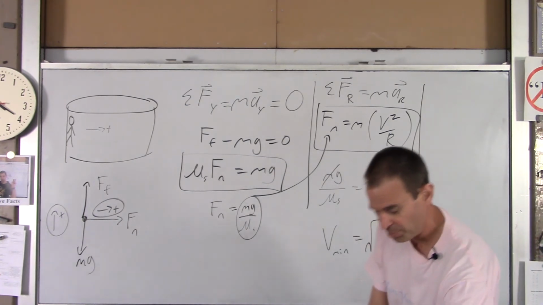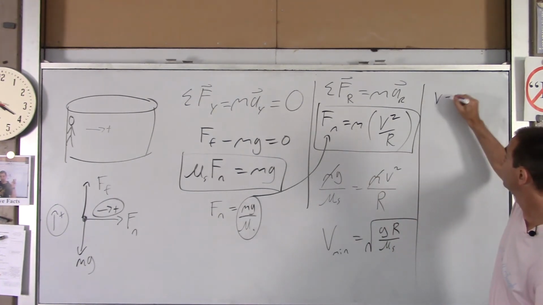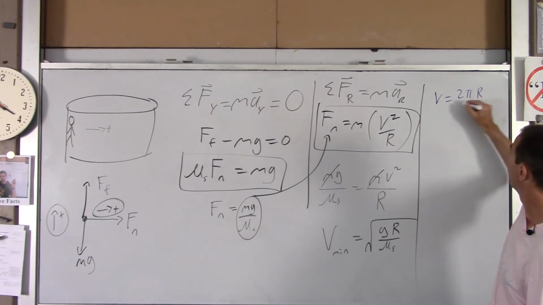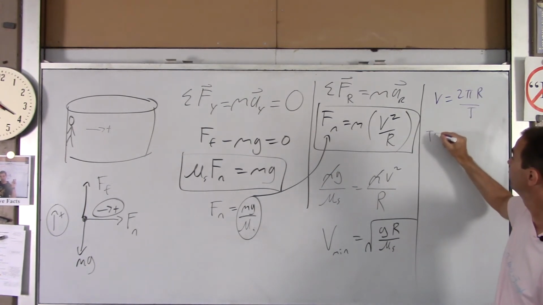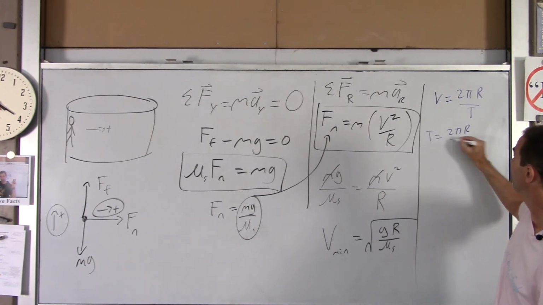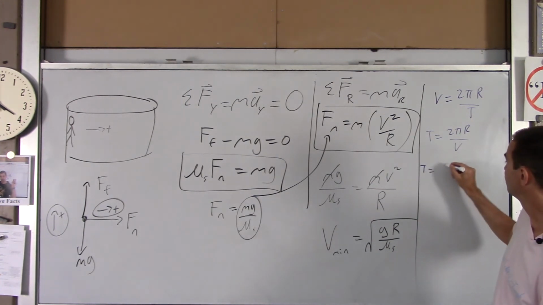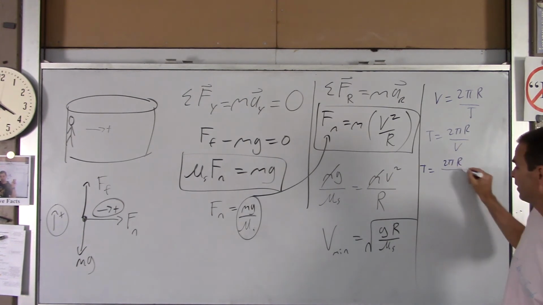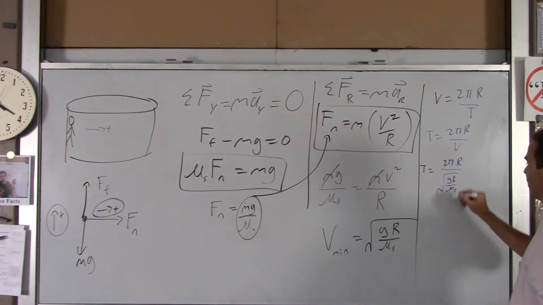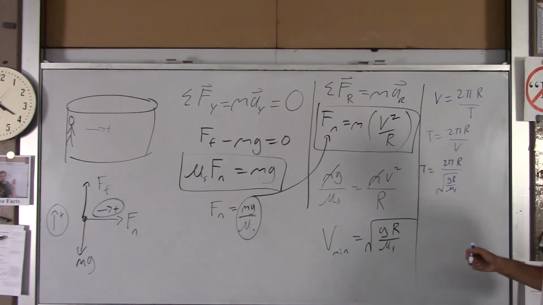So what's the period? Okay, well, velocity is 2 pi r over period, or period is 2 pi r over velocity. And here's our v min. So the period is 2 pi r divided by root g r over mu sub s. Now you can do a little math here.